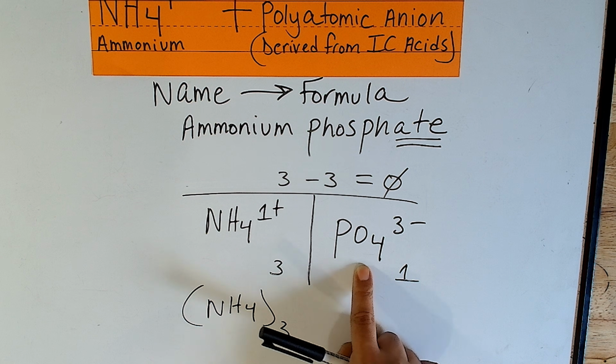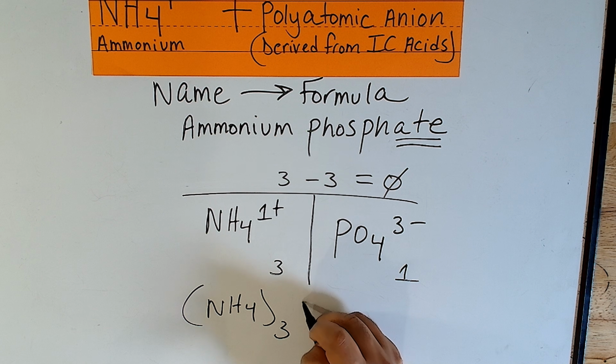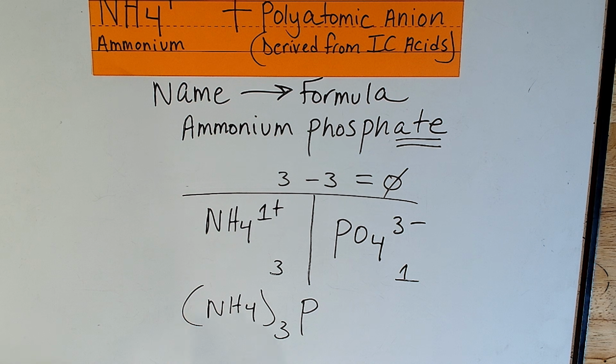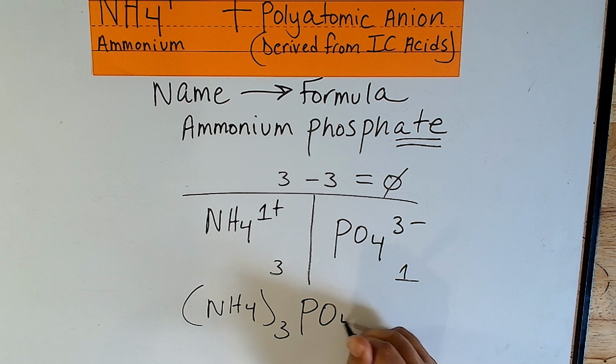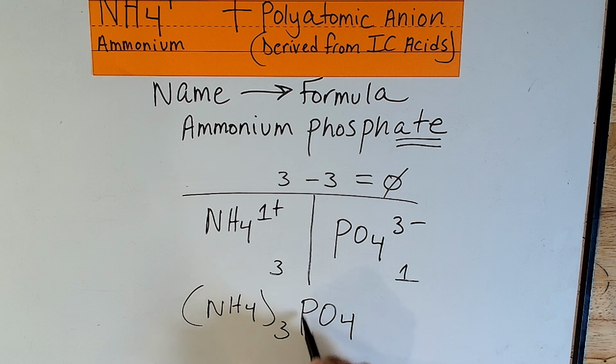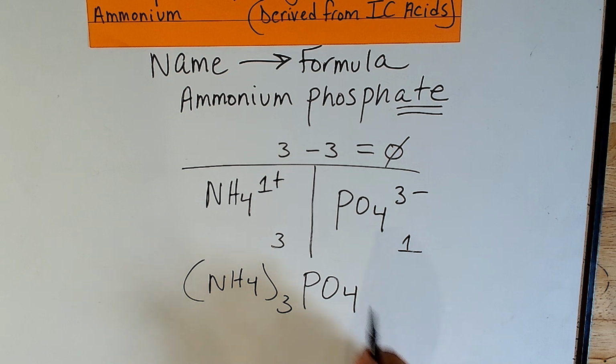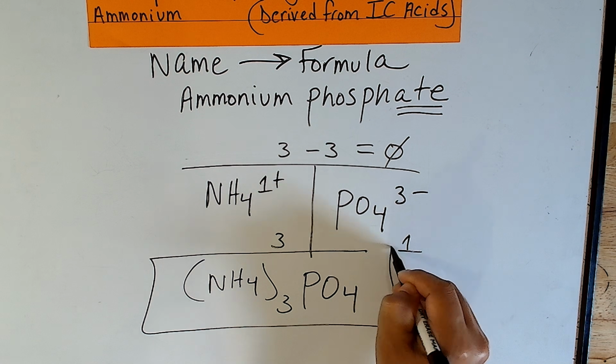I see a polyatomic ion here too. However, I'm not going to write parentheses on this one. Why? Because whenever you just write PO4, it's already understood that you only have one polyatomic ion. Therefore, this is going to be my chemical formula.